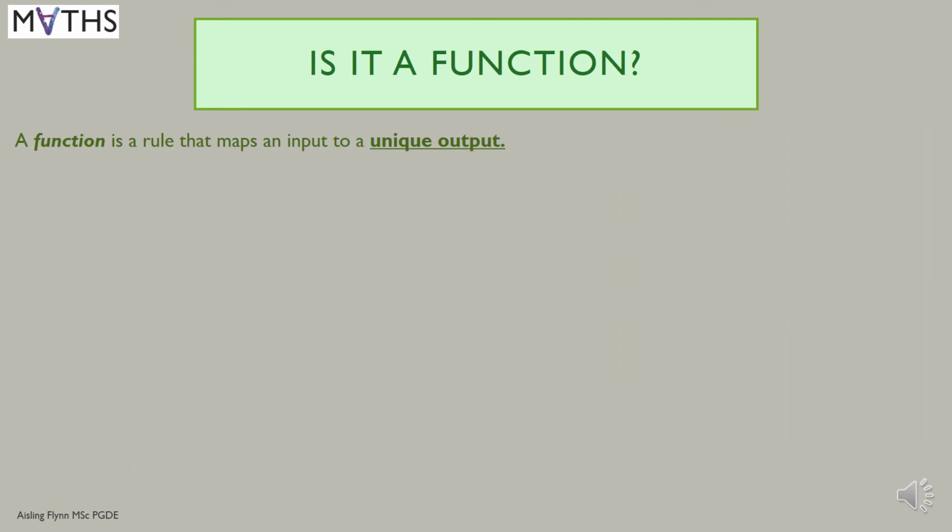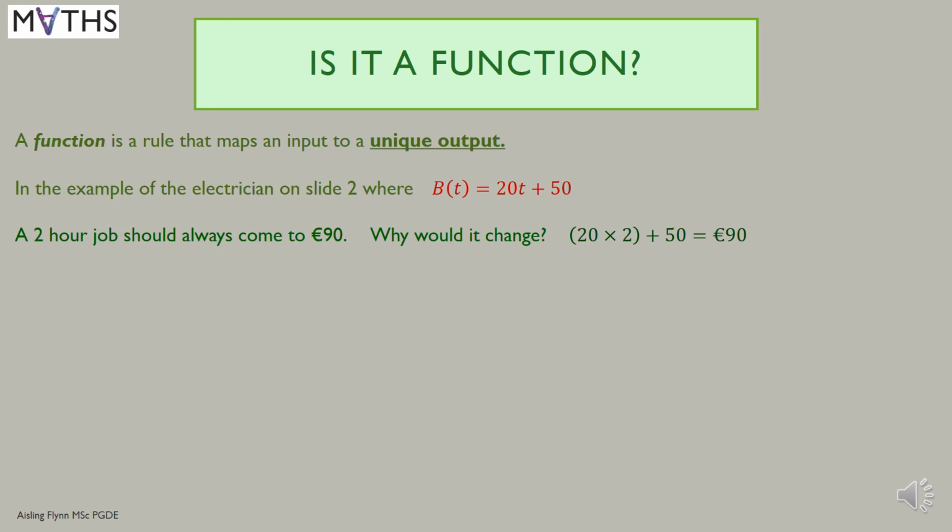Now, firstly, we have some mathematical expressions that are not functions, and some that are. So a function is a rule that maps an input to a unique output. In the example of the electrician on slide 2, where we had the function b was 20t plus 50, a 2-hour job would always come to 90 euros.